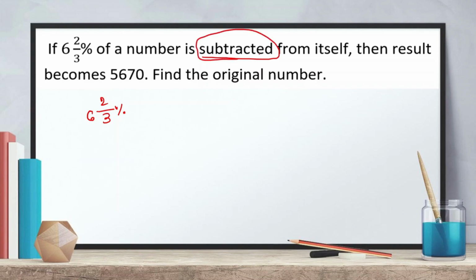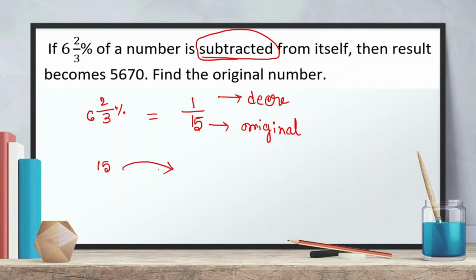So here it is decrement. Now we remember that 6 whole 2 by 3% is equivalent to 1 by 15. So 1 by 15, 15 is the denominator here. So that means 15 is the original value, and 1 is decrement. So 15 is the original value and it is decremented by 1.